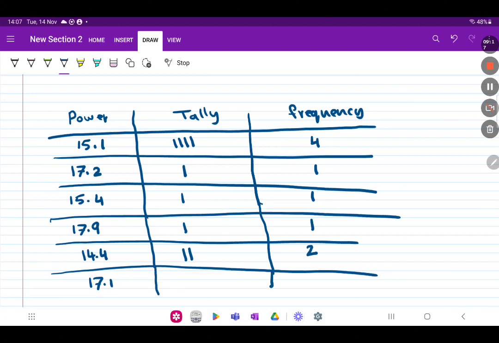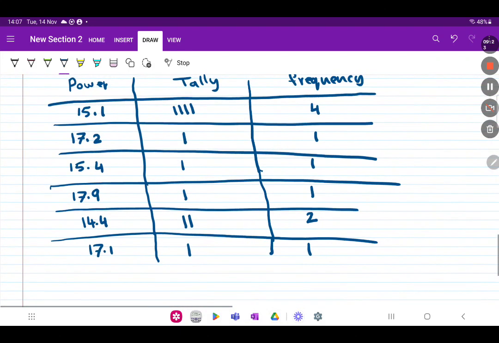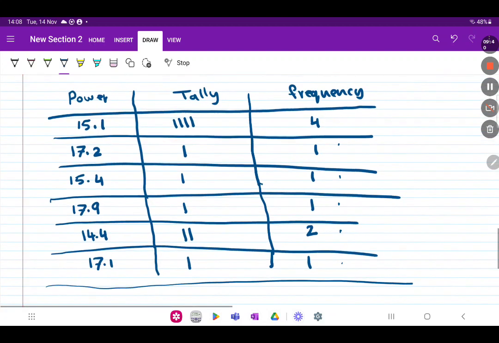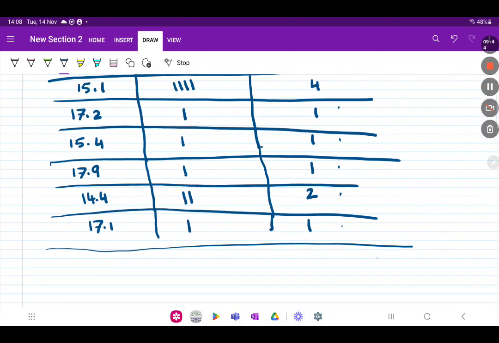Got 1 here, 1 frequency. I think that's it. If you add all these frequencies together, you see here 4 plus 1, 5, plus 1, 6, 7, 8, 9, 10. Okay. That's the answer for the final part. Thanks.